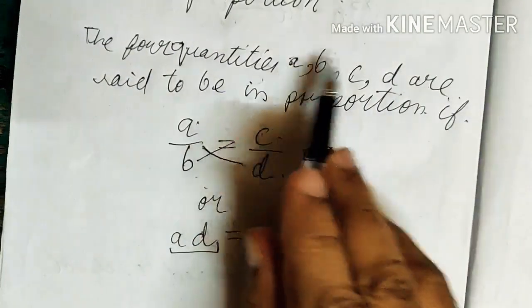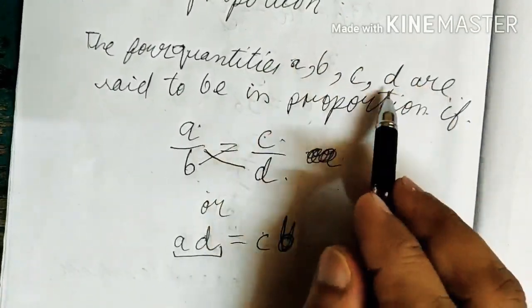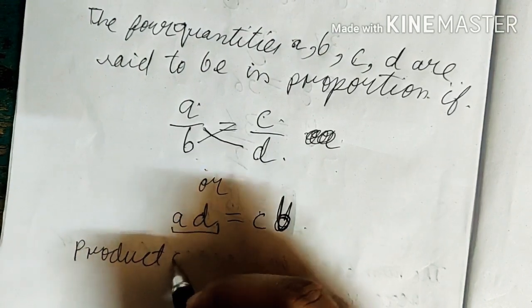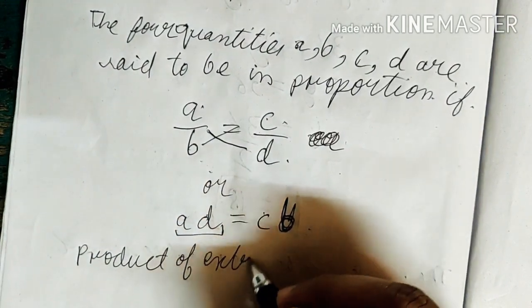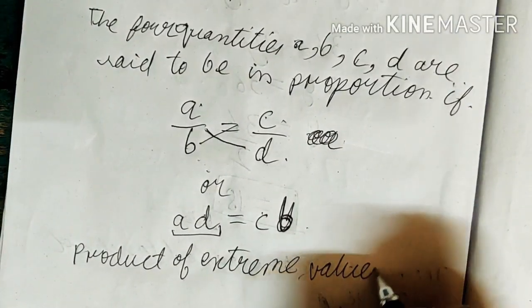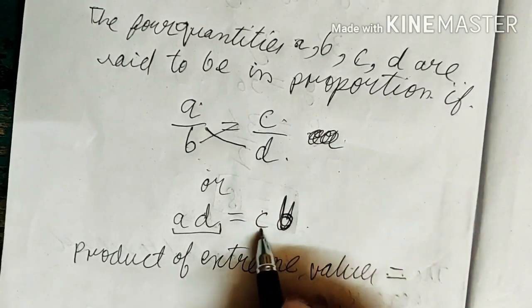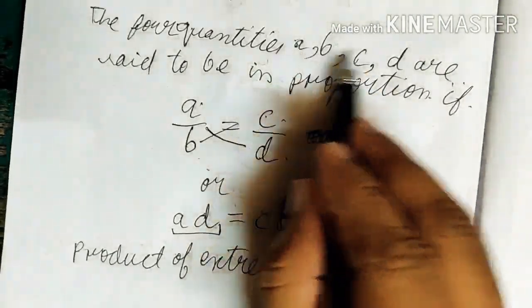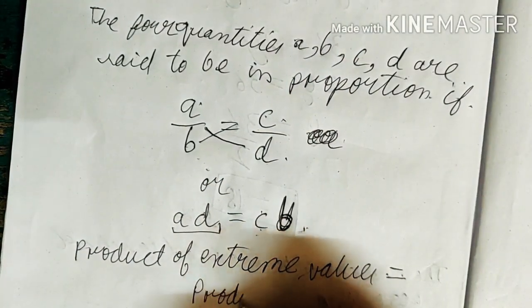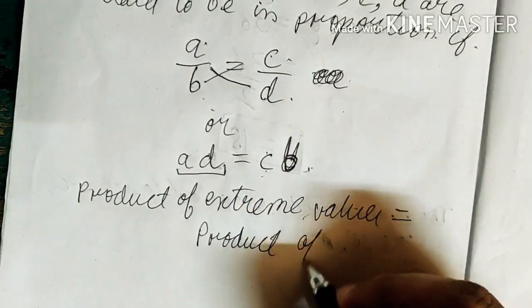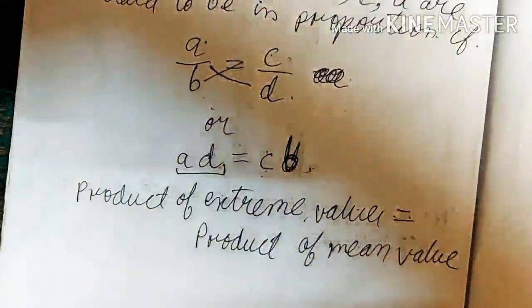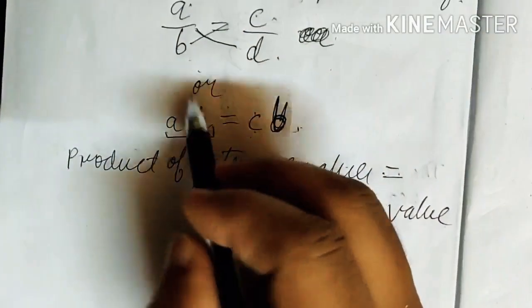If we see, A and D were the extreme values, that is the product of extreme values equals the product of middle values, that is the mean values.